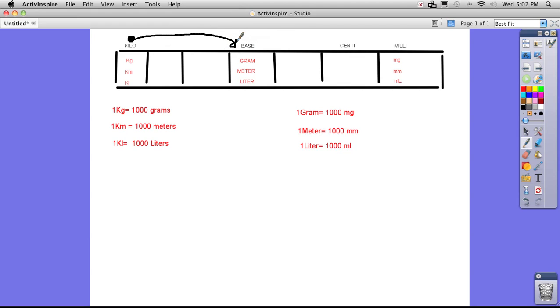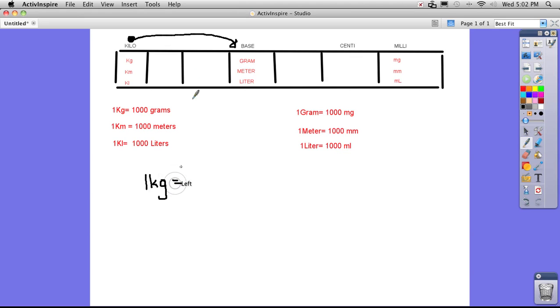So if you wanted to figure out how many grams were in 1 kilogram, there's an easy trick. Basically, every step you move across the metric system from left to right, you increase by powers of 10. So what that means is that 1 kilogram, and I'm writing with the Promethean board pen here, so my writing is going to be absolutely ugly.